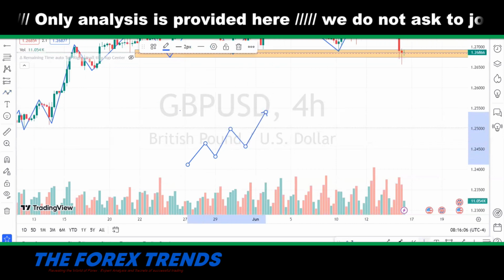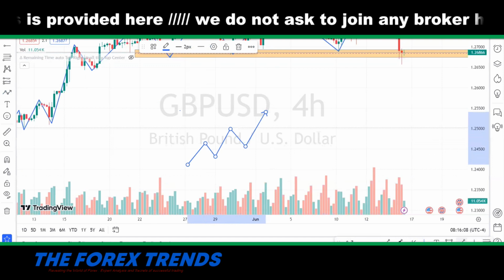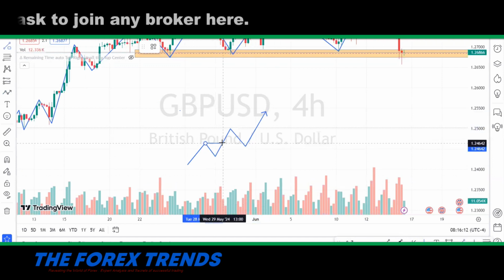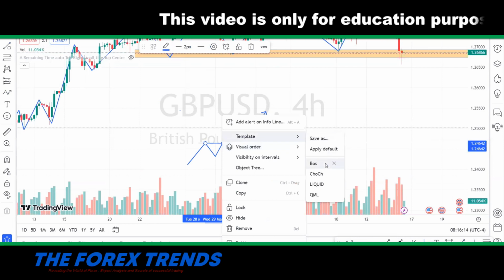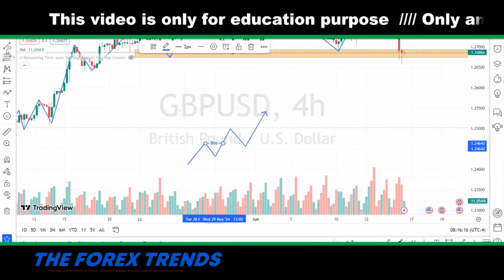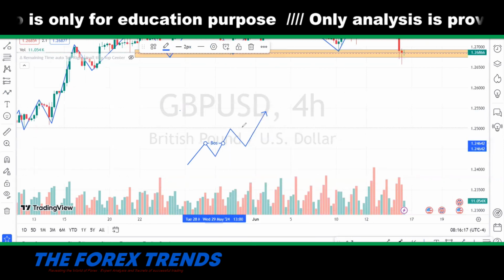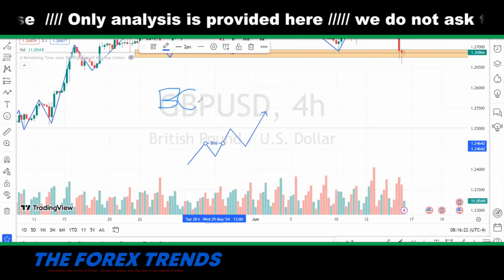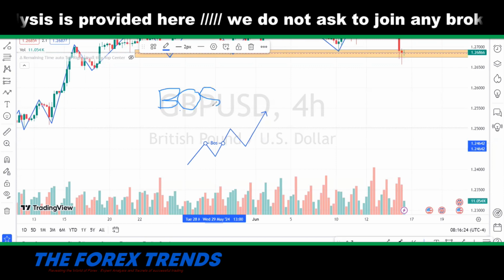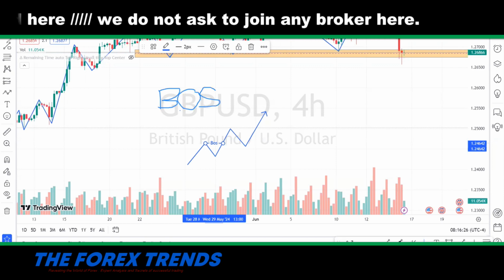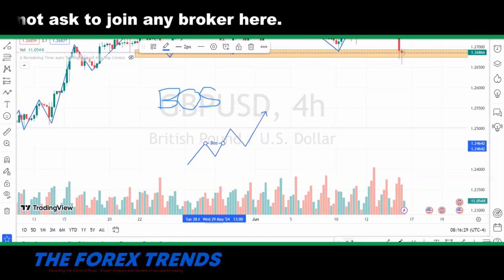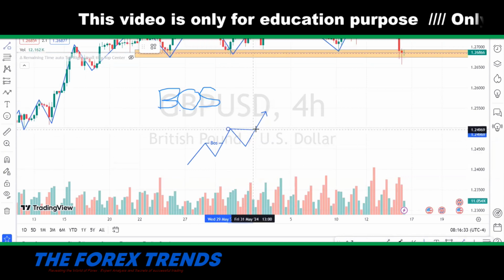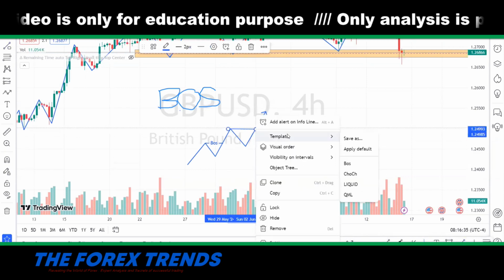All of these are breaks of structure, that is BOS. BOS means break of structure. Every higher high is a break of structure.